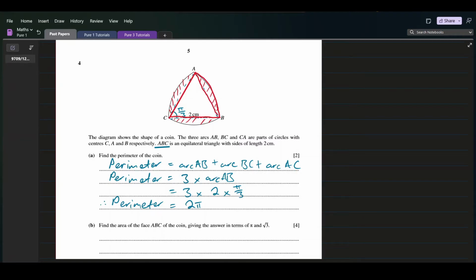That will give us the segment that we want. So we're saying area of segment would be equal to sector area minus area of triangle ABC, right? So let's start by finding our sector area.